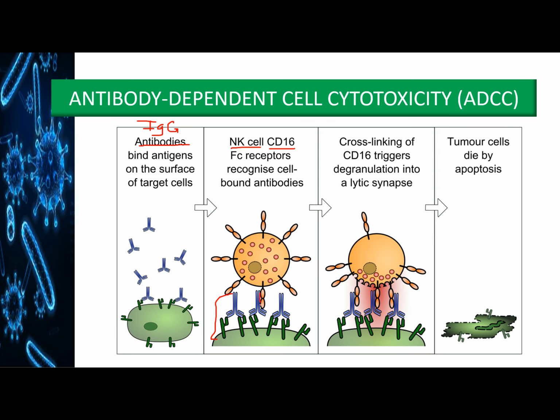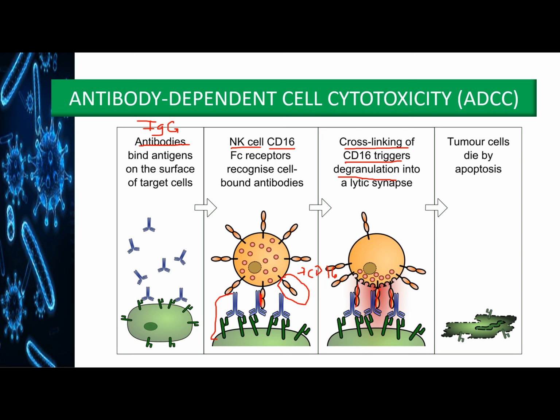So, dito sa FC part, CD16 FC receptors would recognize the cell-bound antibodies. So, ito yung receptor na yun. This is the CD16. The CD16 FC receptors, babound siya ngayon dun sa FC region. Then it would form a cross-linking of CD16. Magko-cross-link yan class, attach siya dun sa mga parts ng antibodies. This would now trigger a degranulation.